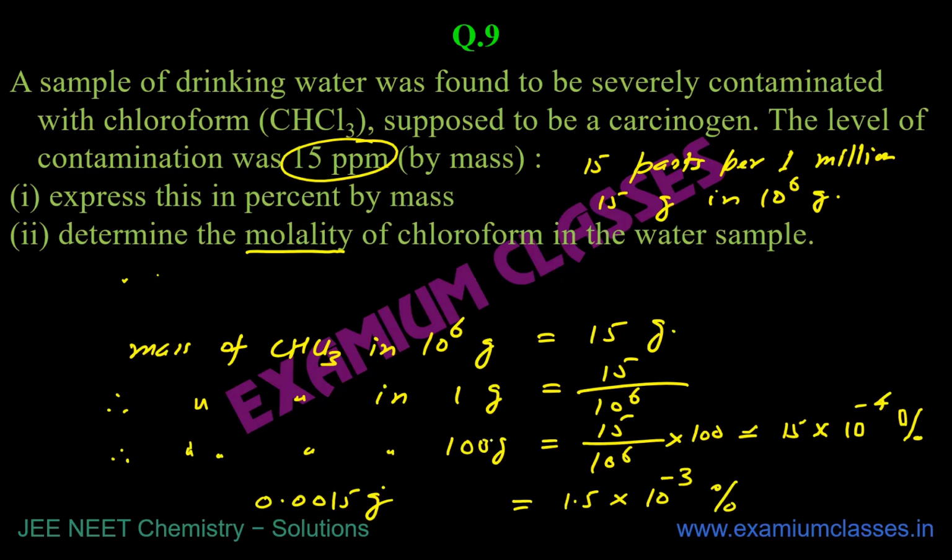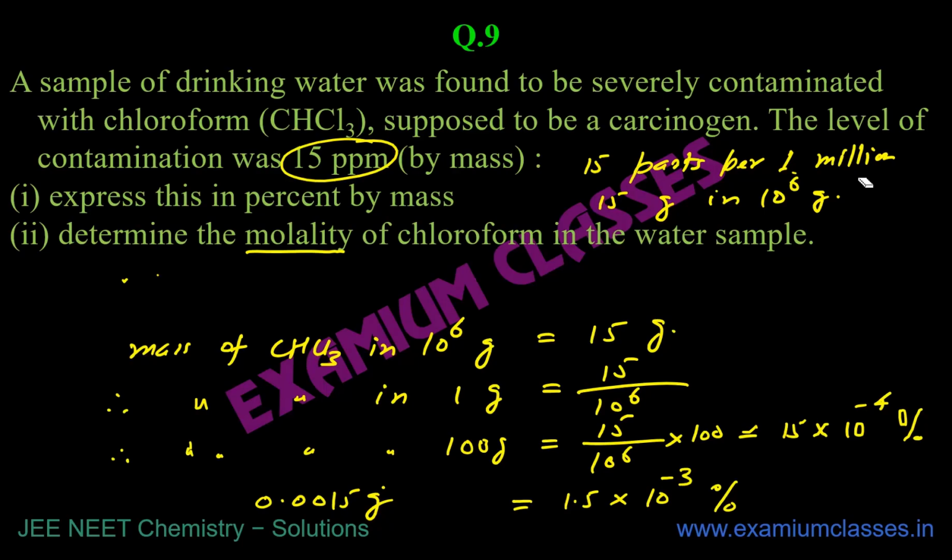So whatever is the mass of solution, that is the mass of solvent as well. So the mass of water in this solution, meaning 10 power 6 grams of the solution, you can consider approximately the same. In such cases, you will do approximation. Yes, Utkarsh.